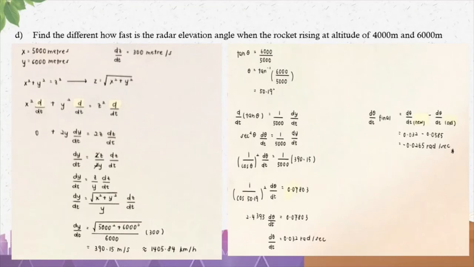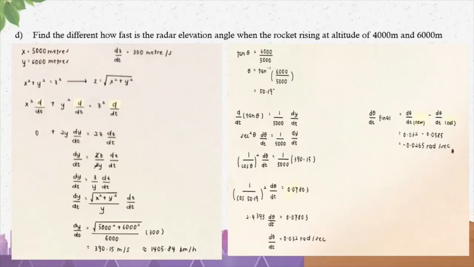Okay, next, how to find the different values of how fast the radar elevation angle changes when the rocket is rising at an altitude of 4,000 meters and 6,000 meters. Firstly, we need to determine the value of dy per dt when the rocket is rising at an altitude of 6,000 meters. So now we apply the Pythagoras theorem concept, which is s squared plus y squared equal to z squared.